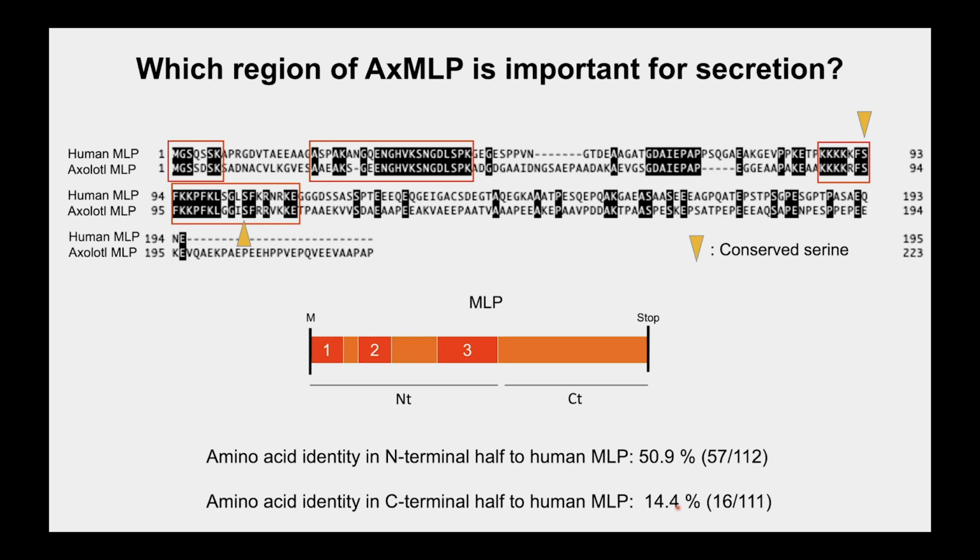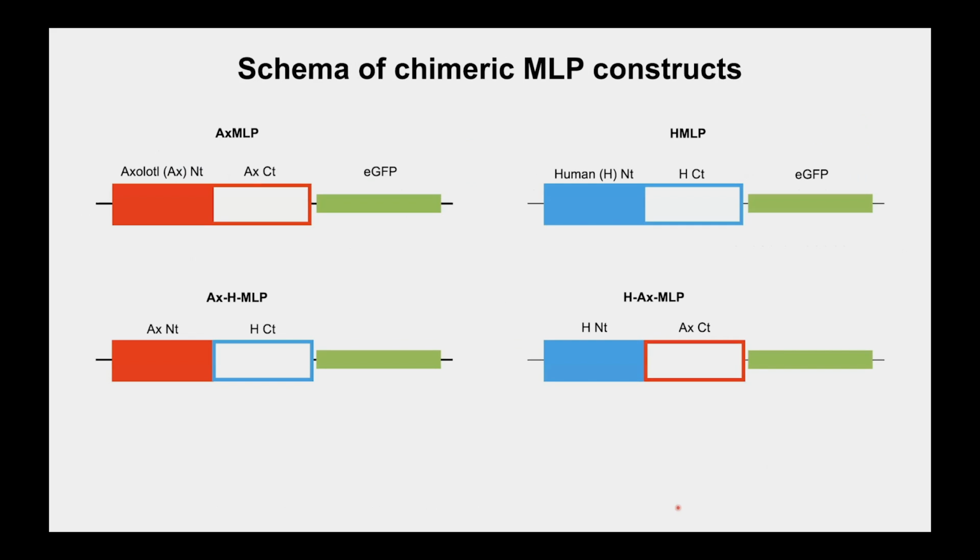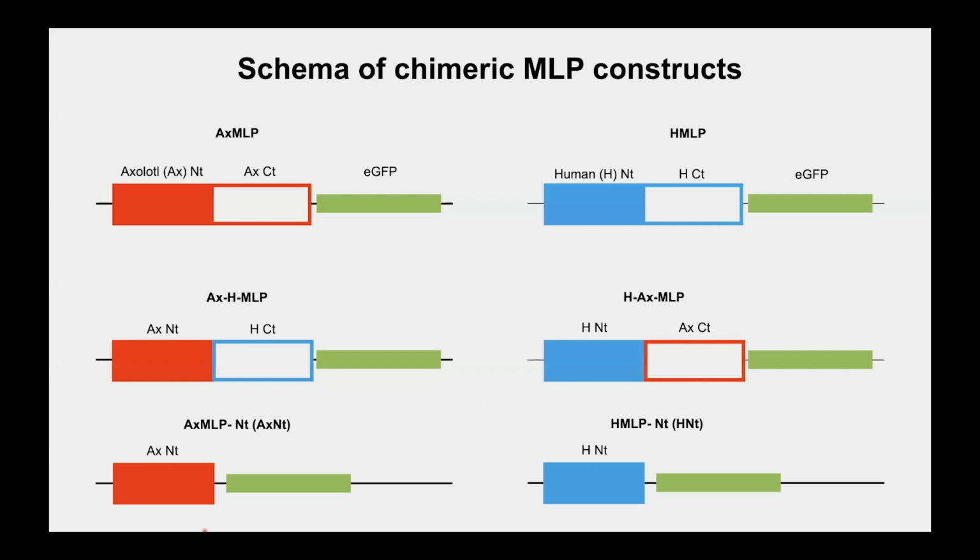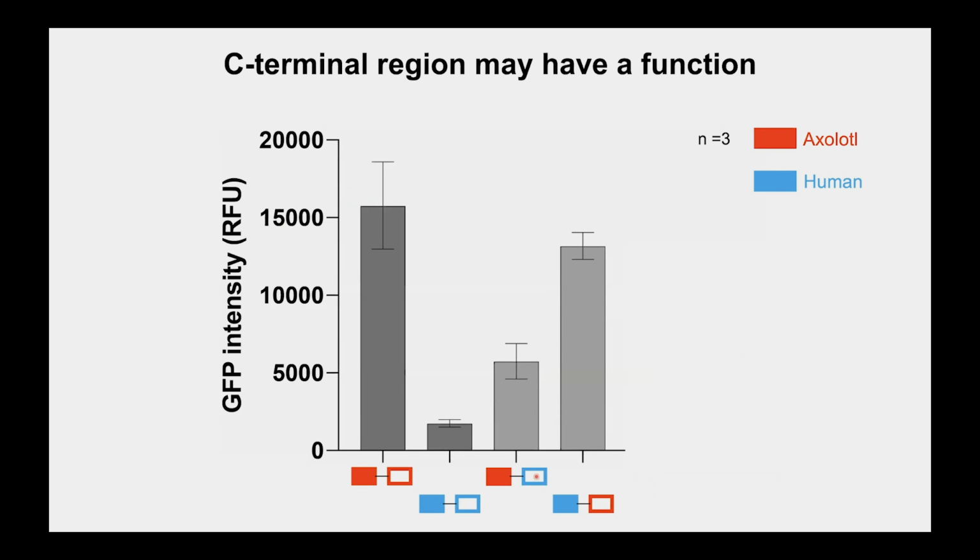He did this by making axolotl-human chimeric molecules. So either the full-length axolotl, or the axolotl linked to the human C-terminus, or the full-length human, or the human N-terminus linked to the axolotl C-terminus. And then he had the N-terminus alone of the two proteins. You can see the secretion data here.